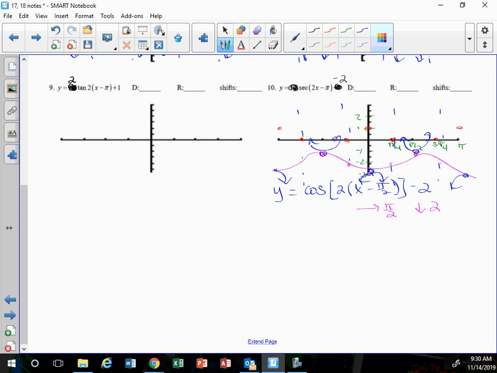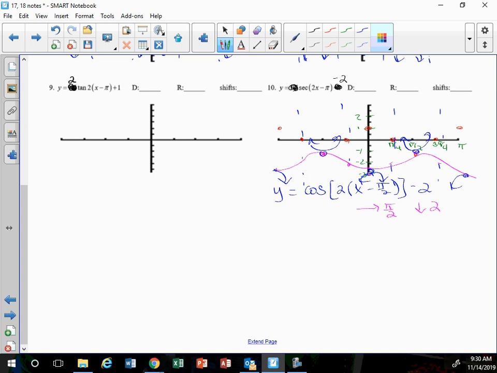So we have a 2 in front. Now guys, technically it is not called the amplitude anymore because the amplitude is measuring height. And doesn't tangent go to infinity? So can I really measure how high it goes? No, okay. But I can vertically stretch it. So it does the same thing, we just don't call it amplitude. Technically, sine and cosine are the only ones that actually have amplitude, okay? So we still stretch by 2.